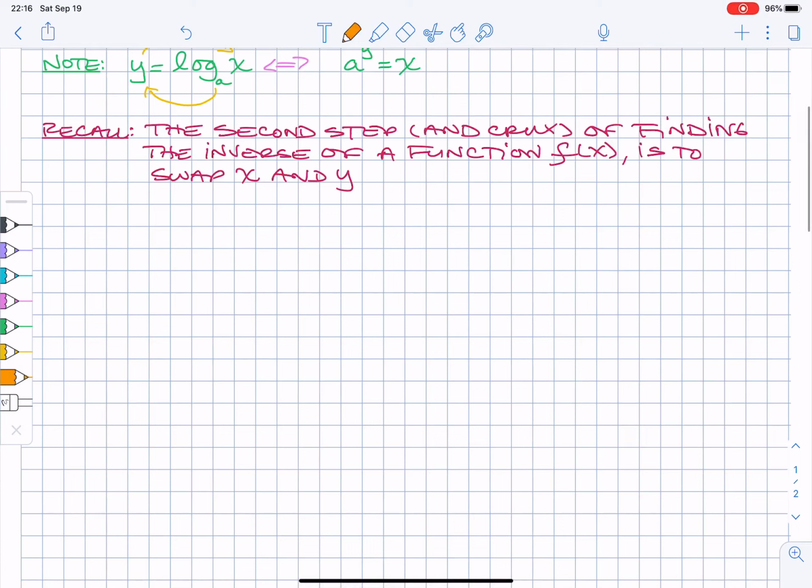Consider a to the y is equal to x. Well, this would imply that a to the x equals y is the inverse.